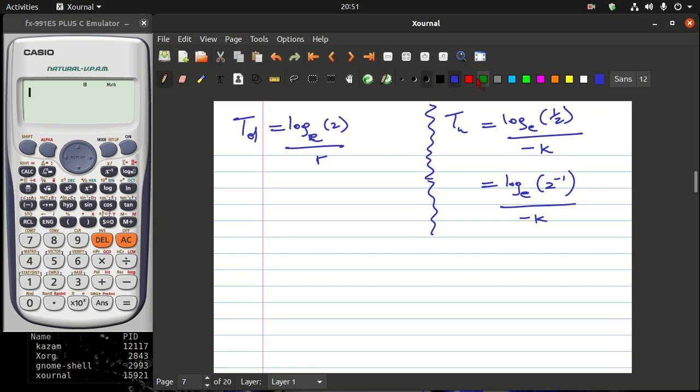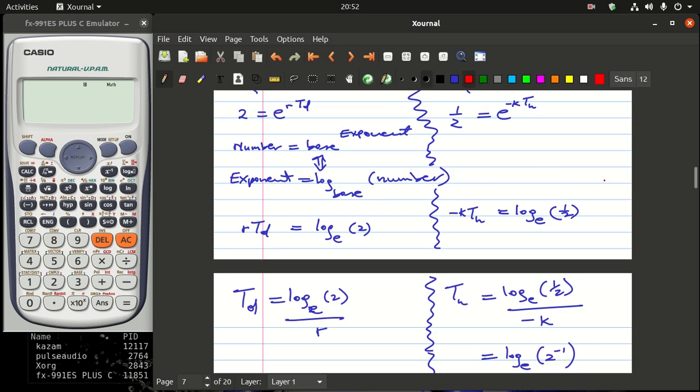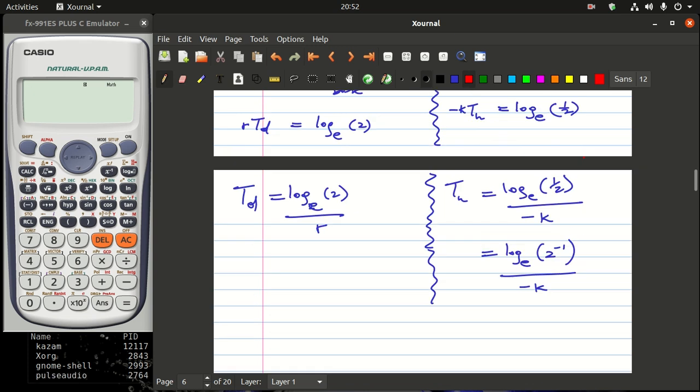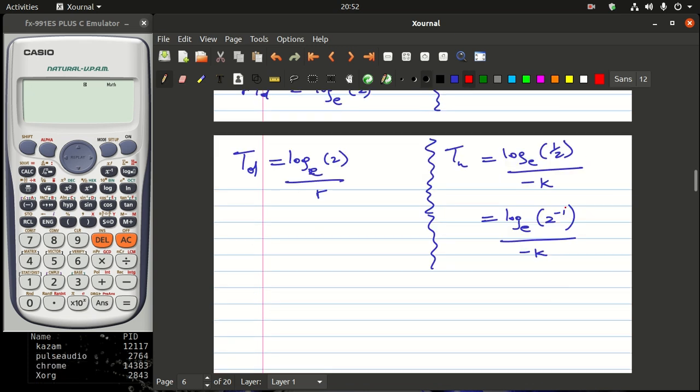If you remember, when we were doing laws of logarithms, we said that whenever you have log a of x to the power b, you can always bring this exponent down to say you have b log a x. So bring the exponent down. Now I'm going to bring the exponent down, which is minus 1. So we end up having minus log e of 2 all over minus k.